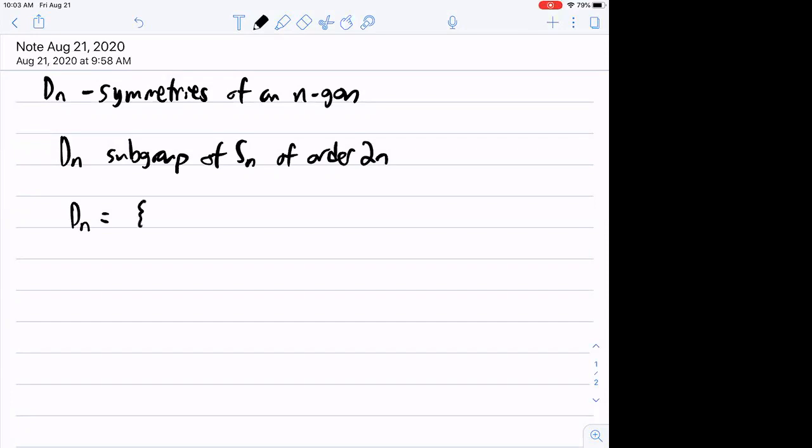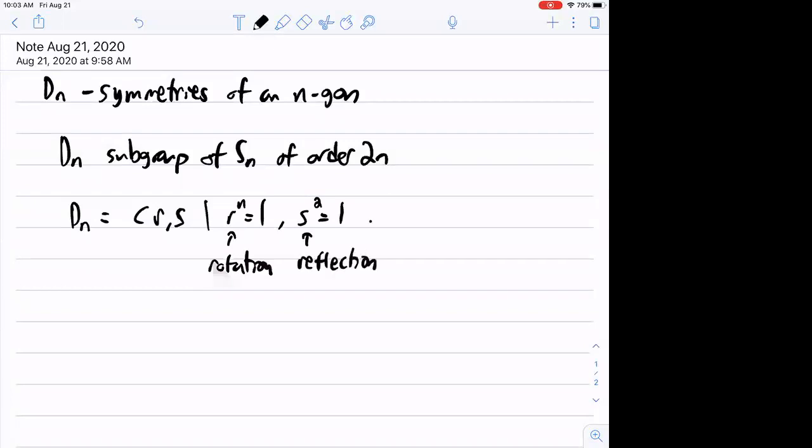So Dn is generated by r and s, such that r to the n is 1, s squared is 1. Think of r as rotation and s as reflection, and it follows this law, s r s equals r inverse. I don't write it this way, but I tend to think so.